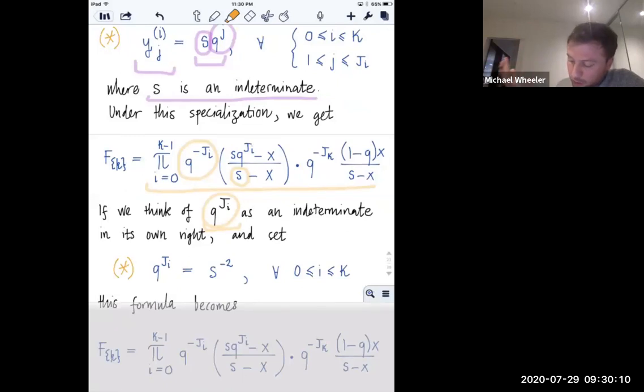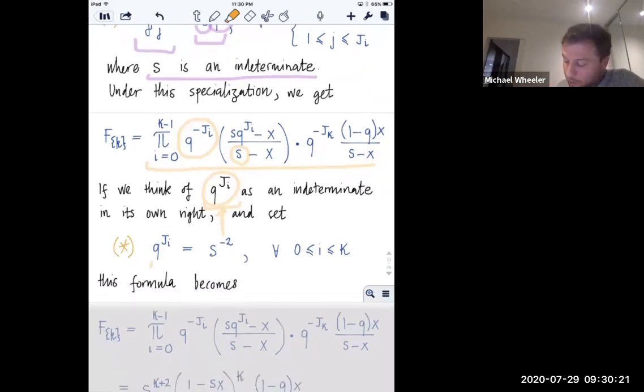And you can analytically continue now and extend this to an arbitrary complex variable. When we do this, we then have the freedom to replace the q to the j_i by the same parameter as we had previously. So we replace it by s to the -2.